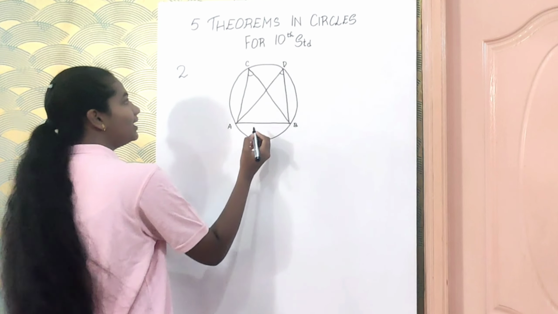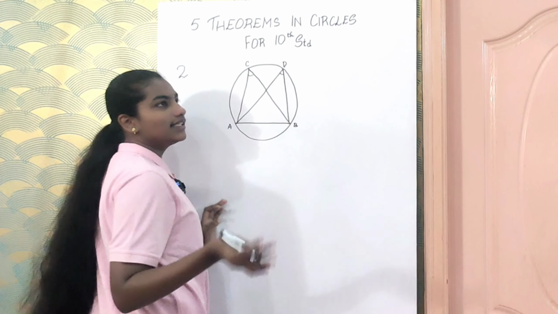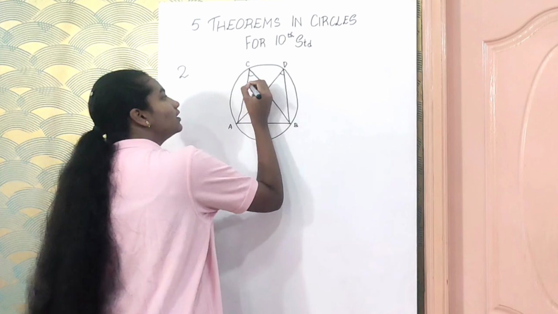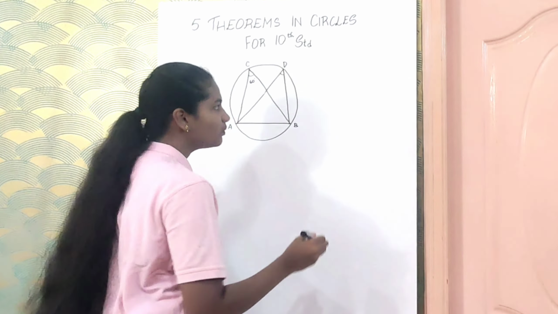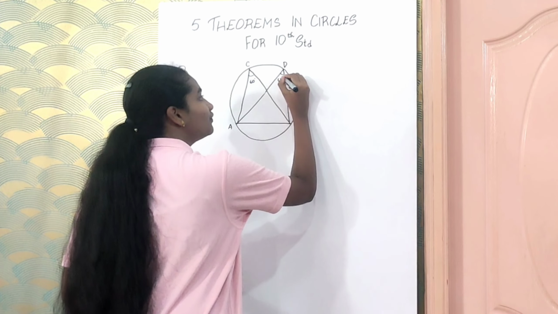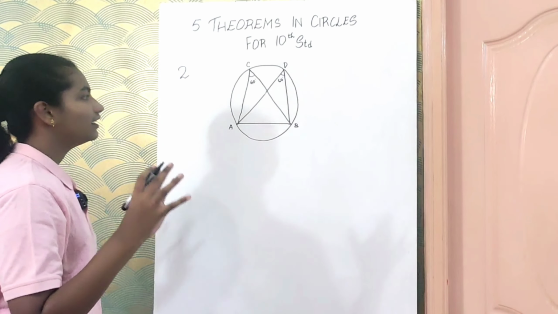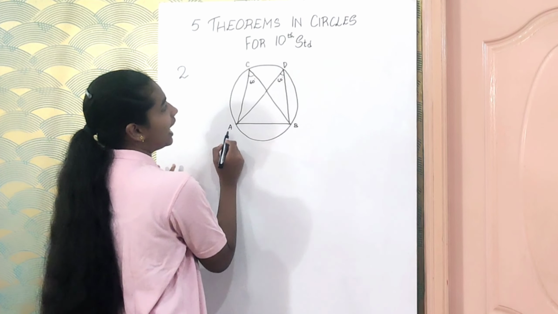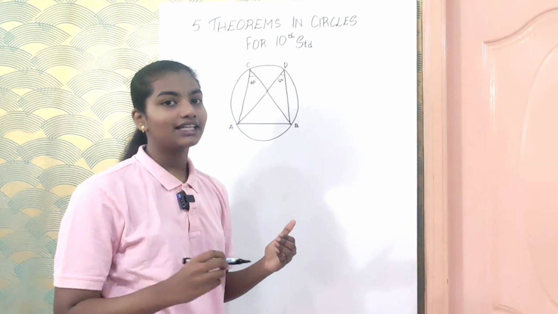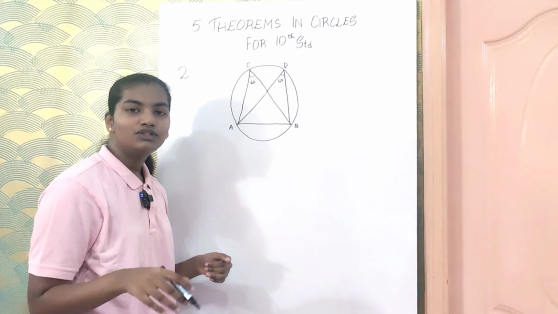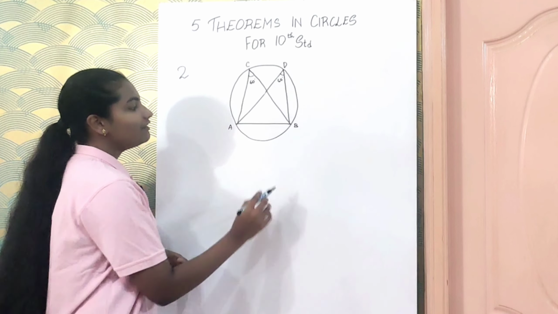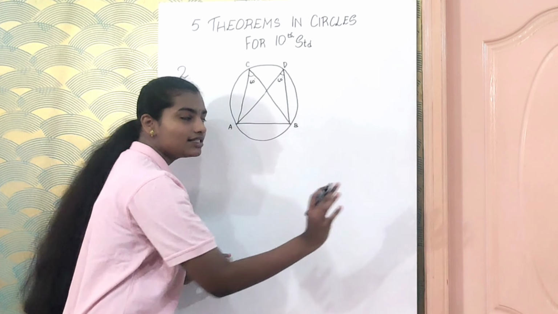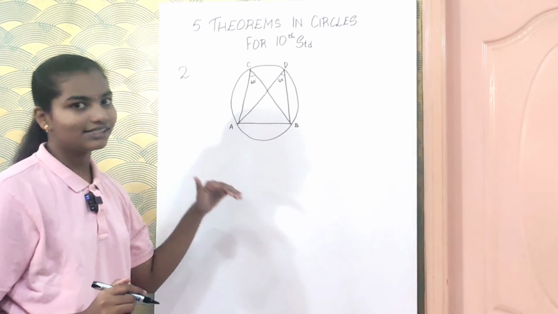For example, if this angle C is 60 degrees, then angle D also will be 60 degrees. In a few sums you get only angle ACB, you don't get angle ADB, you have to find it. You can use this theorem to find it because this is equal to this, only when they lie on the same chord. Okay, that is the second theorem.